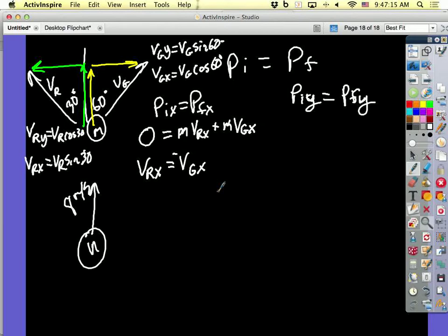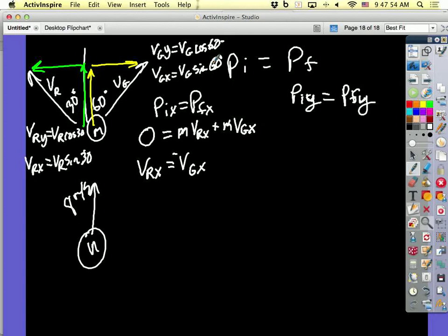Good grief, what's going on with me today? My brain is being dysfunctional this morning. So VGY should be sine, and this should be cosine. Thanks. A lot better. Does that make more sense? Everybody good? Please say something right away so that we don't go 5 steps down and then I realize I made a mistake.